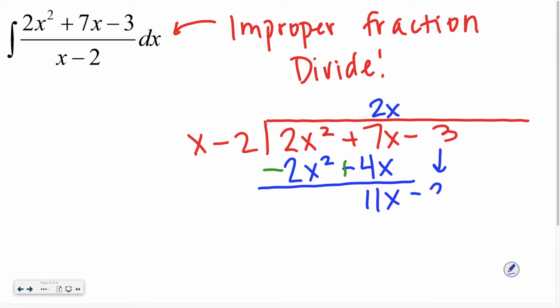Bring down the next value. X times what is 11x? 11. And then we subtract again. We have a remainder of 19.